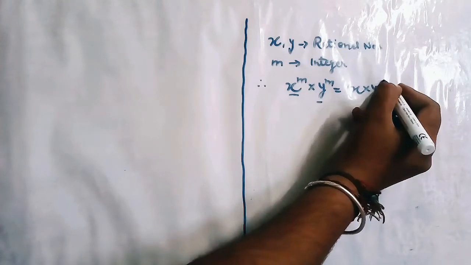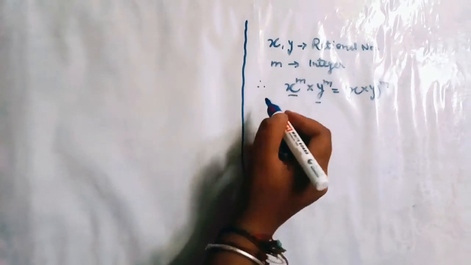Means the power is same, now bases are different, so power can be taken common. So it is (x into y) whole raised to power m.